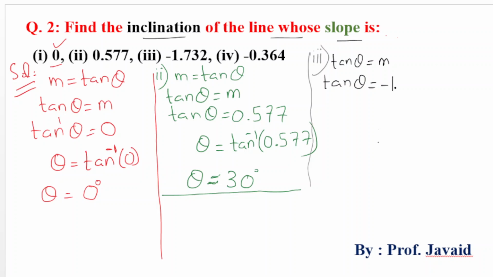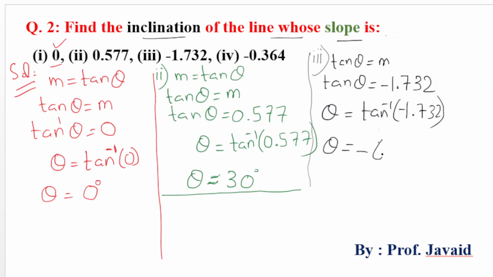Negative 1.732. What will happen when you move tan to the other side? It will be tan inverse of negative 1.732. So theta is equal to, let me find it with the help of the calculator. You just put in the calculator shift tan, so that will be tan inverse.